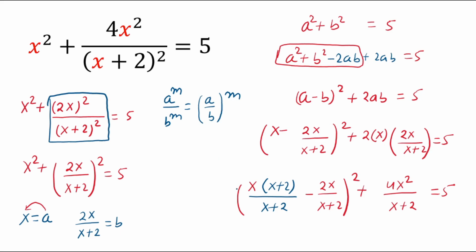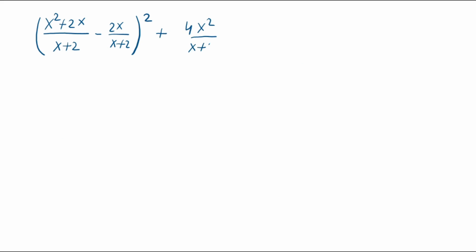Here this x is multiplied by x, then we get x square, and this x is multiplied by 2, then we get 2 times x. So here x square plus 2 times x and divide by x plus 2 and minus 2 times x over x plus 2 bracket power 2, and then here plus 4 times x square over x plus 2, and this is equals to 5.